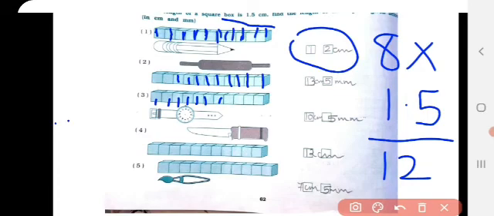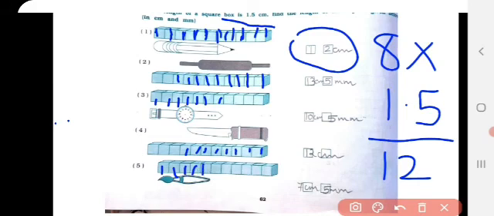Then a knife is given, which has boxes 1, 2, 3, 4, 5, 6, 7, 8. So again 8 into 1.5, so the answer is again a whole number. I am not getting a number in 3 digits, so the answer will be 12 centimeter. And the last, a paintbrush is given. What you can see, the length is of 1, 2, 3, 4, 5.